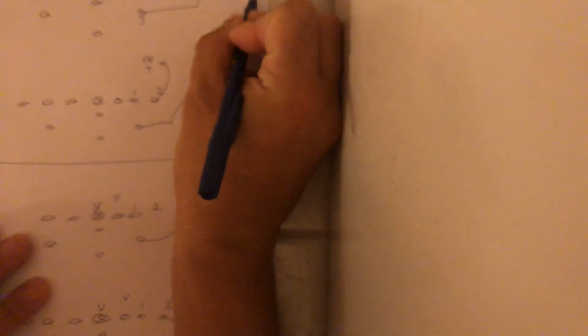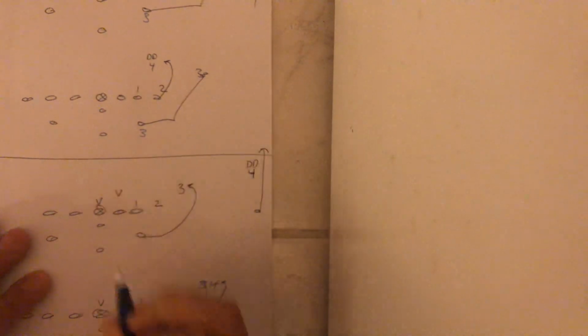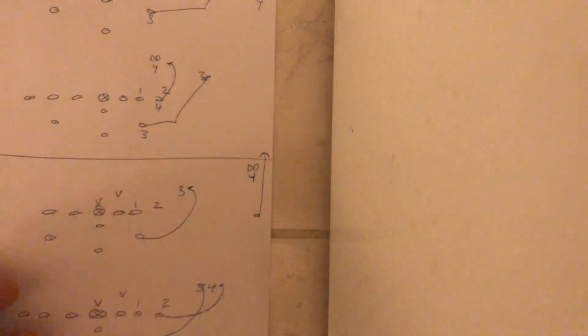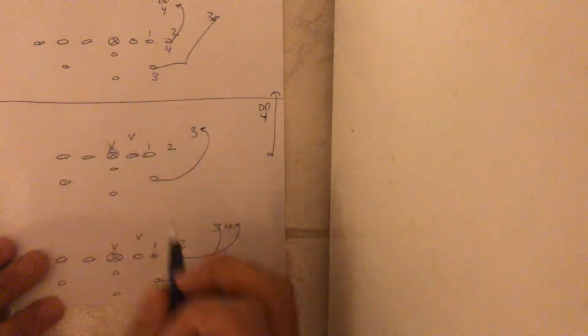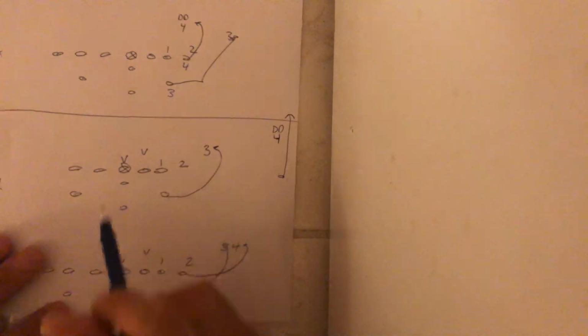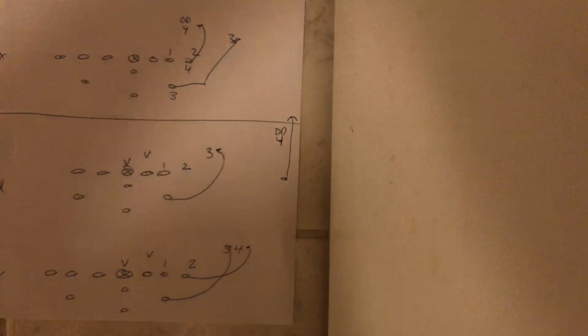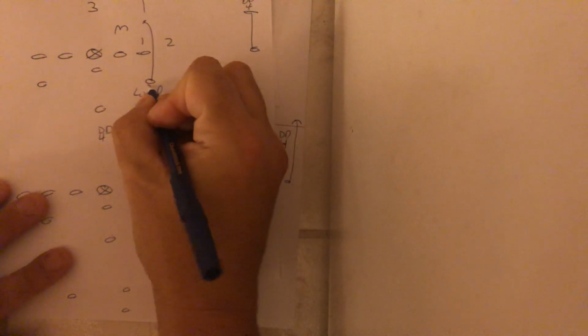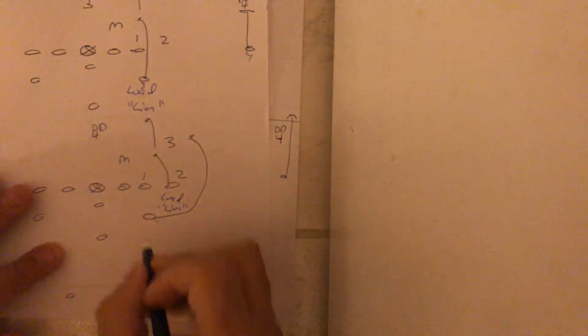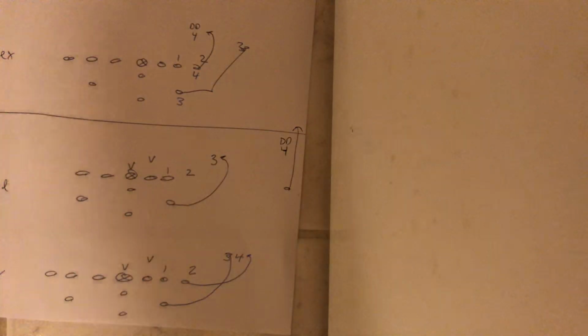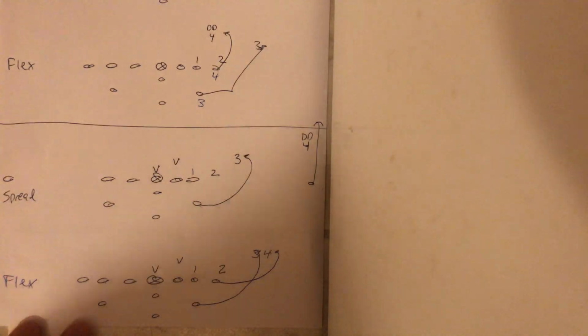The receiver has number 4. If number 3 is in the middle of the field on a spread, they'll load it. So that's that. Okay, so we've covered everything.